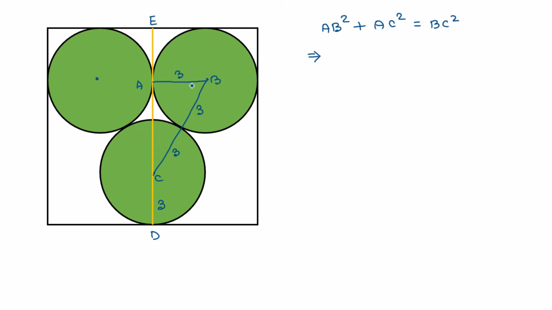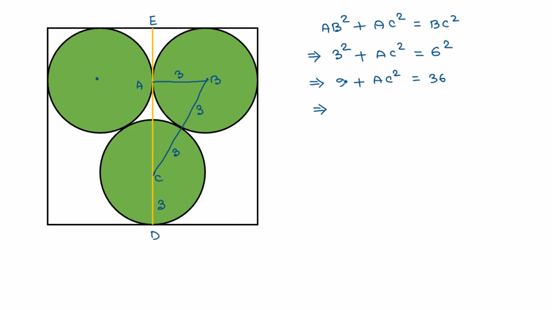AB is 3 units, so 3 square plus AC square is equal to BC, which is 3 plus 3, 6 units, so 6 square. Or 3 square is 9 plus AC square is equal to 6 square, which is 36.